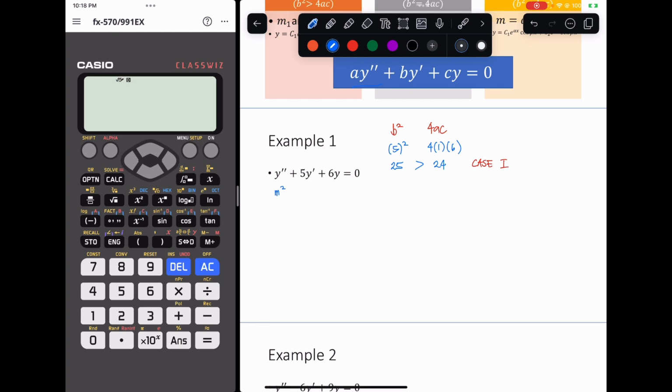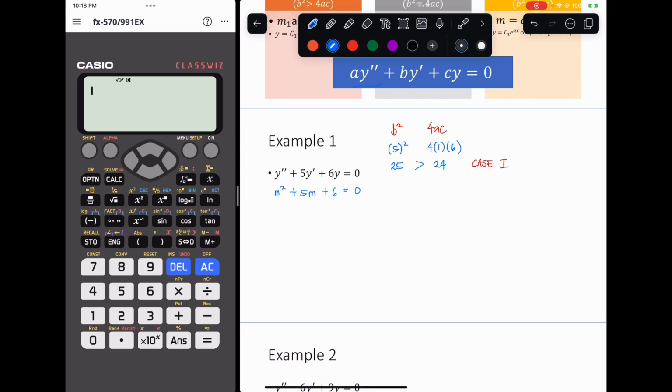For example, if it is a second derivative, it will be m squared. And for y prime, it would be m raised to 1, or that would just be plus 5m. And for y, that is the constant. Okay, so 6y will be plus 6 equals 0.